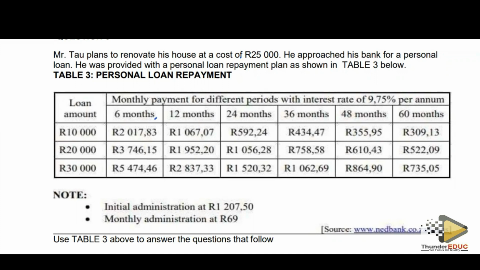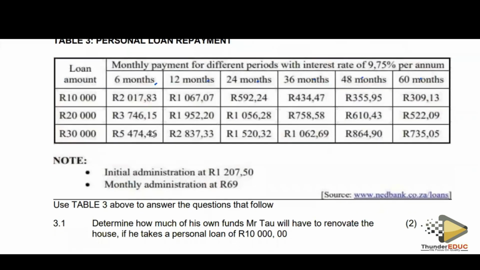So the periods will be here: half a year, full year, 2 years, 3 years, 4, and 5. That's the maximum. If you take 10,000 and pay for 6 months, you'll be paying 2,017 rands 83 cents every month. These are monthly installments.